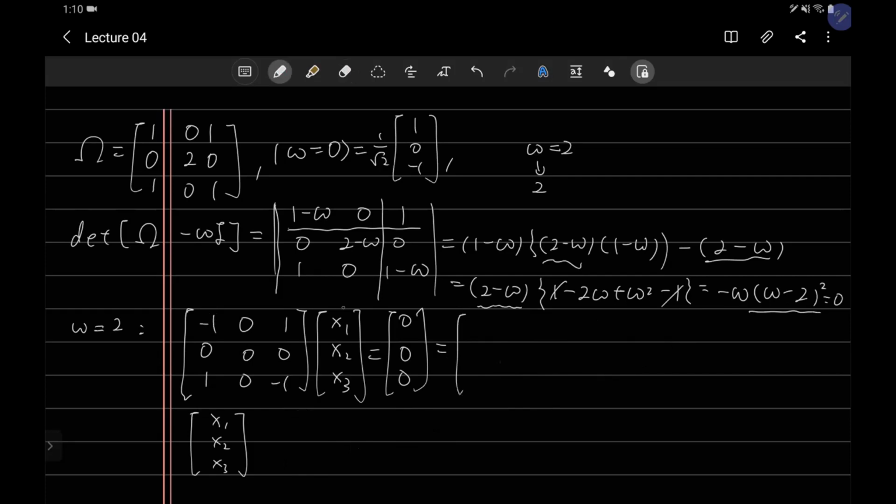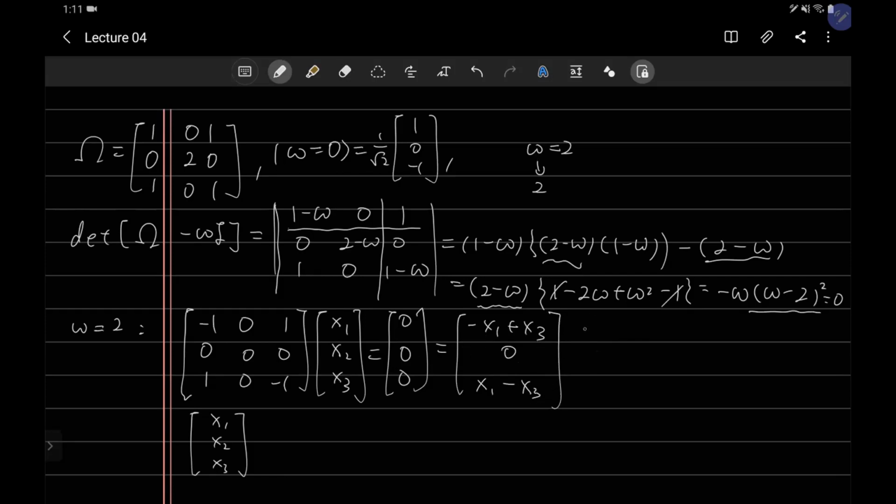So if we expand again, it is minus x1 plus x3, and for this case it is just 0, and then it is x1 minus x3. Again, from the second equation, we do not get any further information. And the first and third equations are the same.